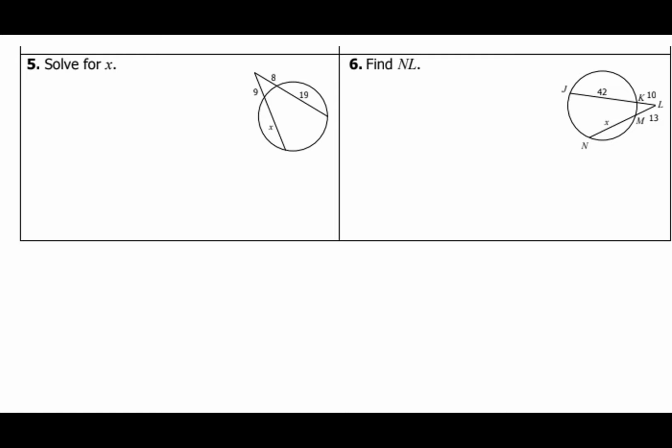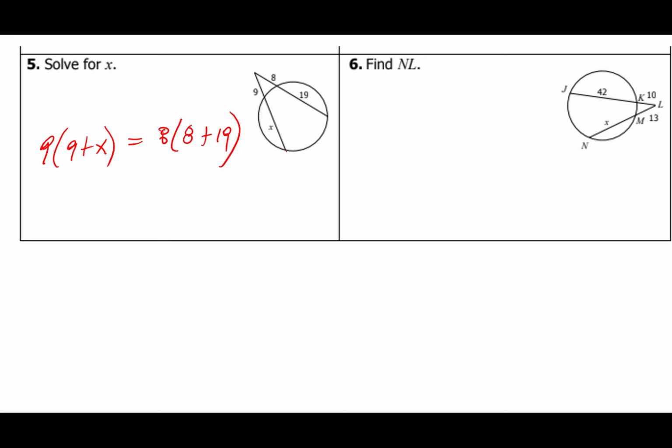For this one now, on the other hand, it's the same story. We got now this secant is outside for both. So what we're going to do now, this is what we're going to check. We're going to have the outer, which is 9, times the outer plus the inner, equal to the outer times the outer and the inner.